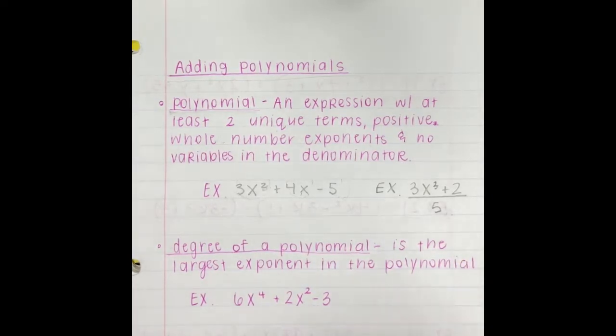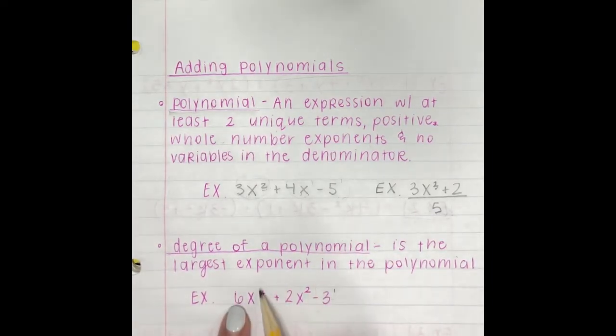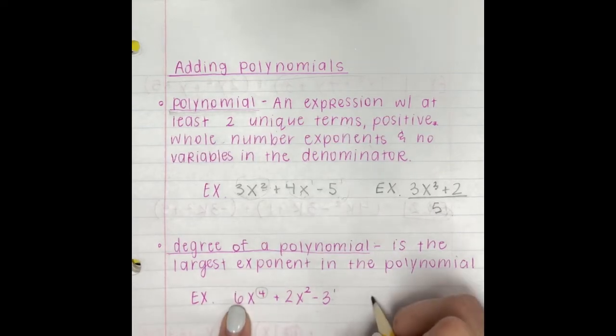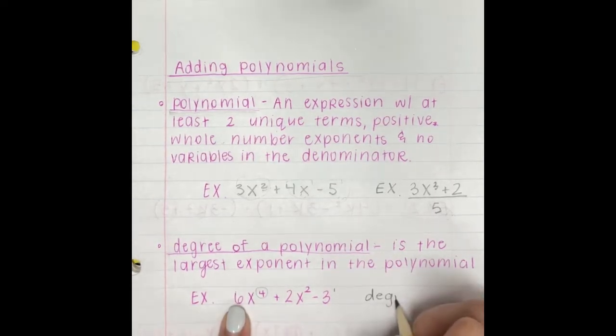The degree of a polynomial is the largest exponent in the polynomial. If we're looking at this example, 6x to the 4th plus 2x squared minus 3, the exponents I have are a 4, a 2, and a 1. The largest exponent is the 4, so this would be a degree of 4.